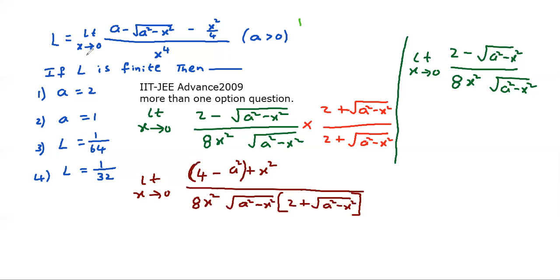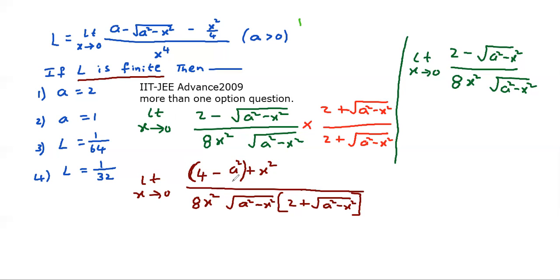Now observe the given question. The given expression's limit is finite. If you substitute x as 0 here, this is an important step. If x is 0, then you get 4 minus a square, and the denominator is 0, 0 into something 0. If the denominator is 0, that is infinite. But the given L is finite, so already given it is finite. Therefore, this 4 minus a square should be 0.